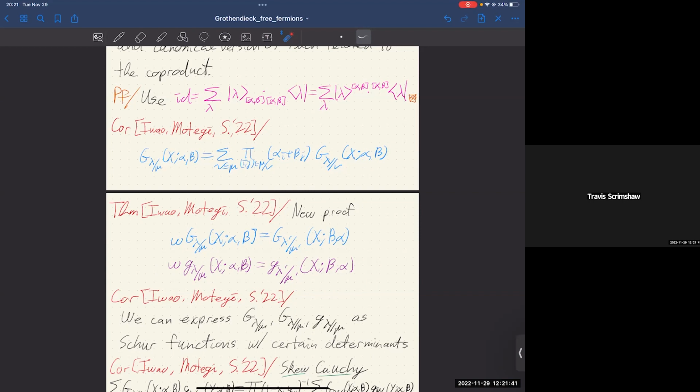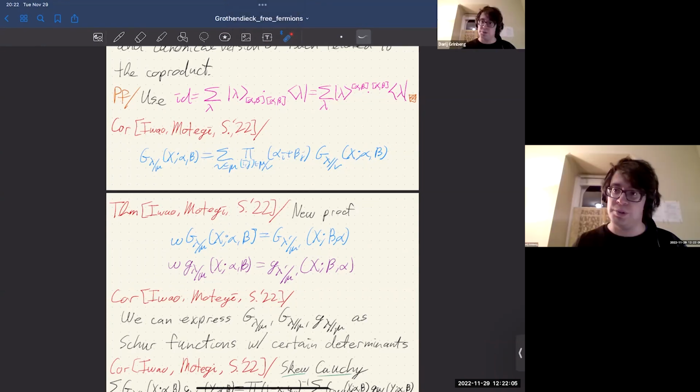This was mentioned in Iwao's recent paper, one of his 21 papers. But we should talk more on that.